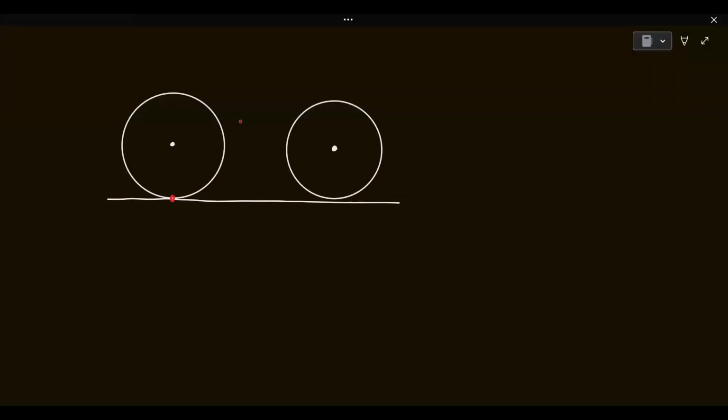Let's say this point here is A. Let's assume that this point here is B, and this point is C. So as it rolls forward, this B is going to go up. This is the next instant. This will be B, this will be C, and this will be A. Yes or no, guys? Are you able to understand?